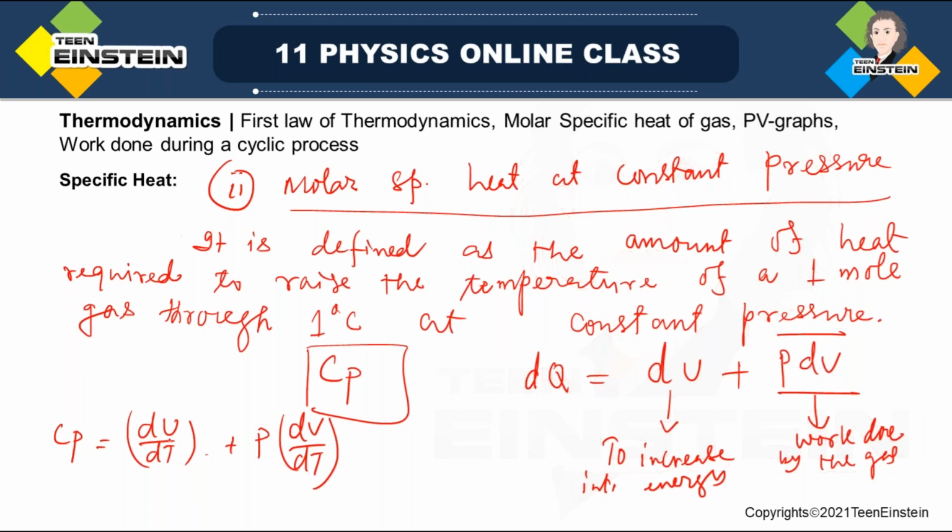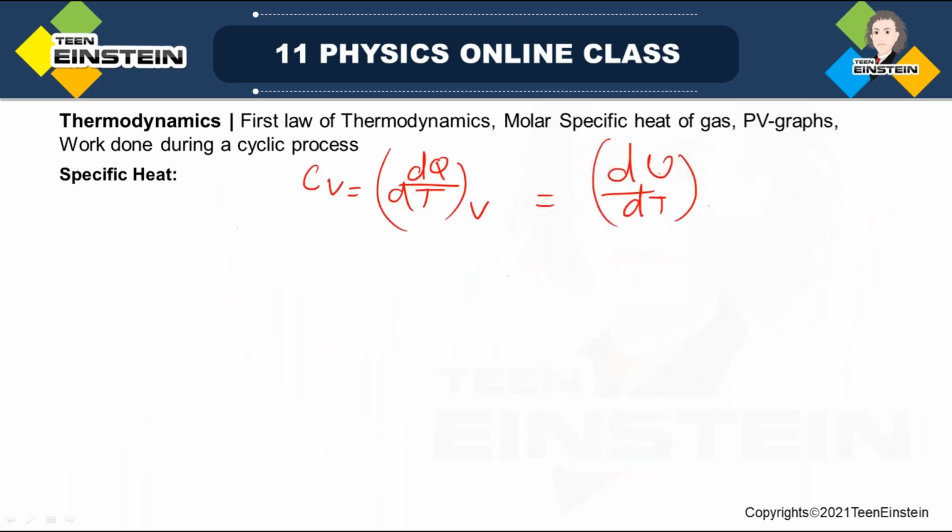We know Cv is equal to dq, and dq is equal to Cv into dt, but in this case you cannot write Cv into dt. So there is another term over here. If we write Cp minus Cv, you can see there is an extra term at constant pressure.